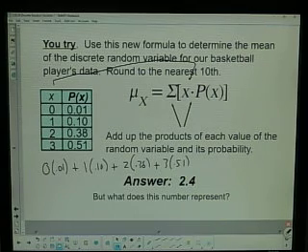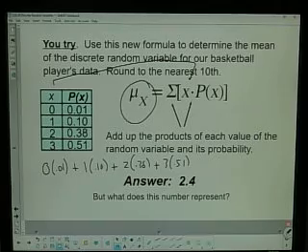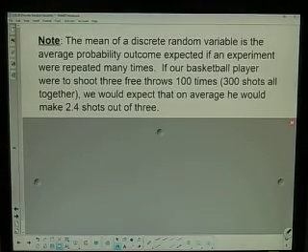But what does this mean? Again, it has to do with average. What does it represent if it's average? You don't need to copy this, but the mean of a discrete random variable is the average probability outcome expected if an experiment were repeated many times.